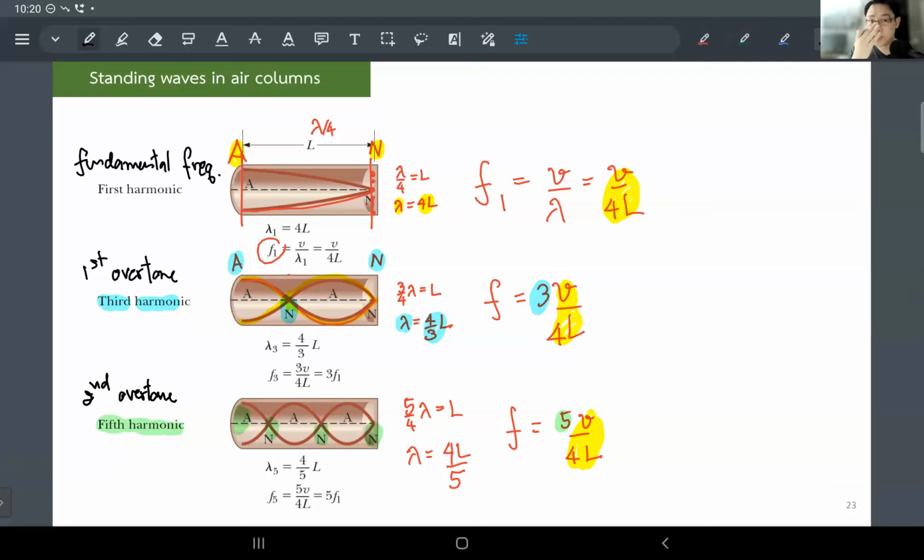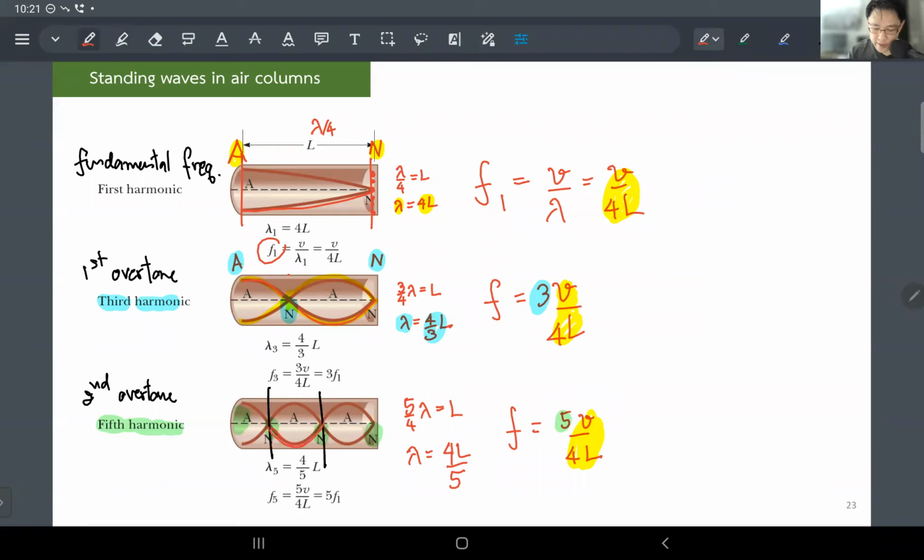Plus, sometimes in the textbook, because we portray this whole standing waves thing using a loop type figure, there is a very quick calculation that you can do after drawing a figure. Every time you look at a loop, that's equivalent to half a wavelength all the time. Can you see that?